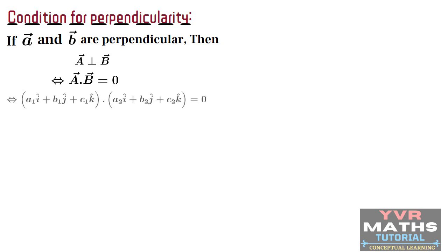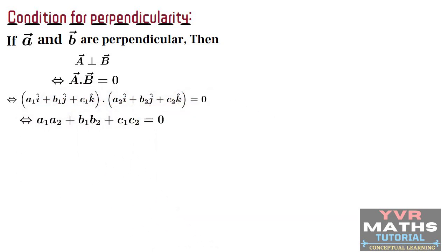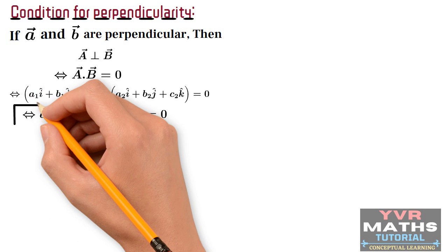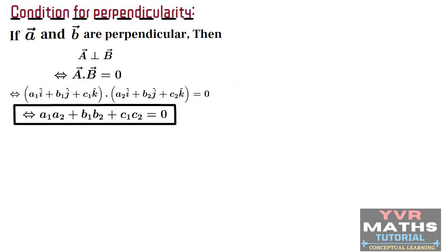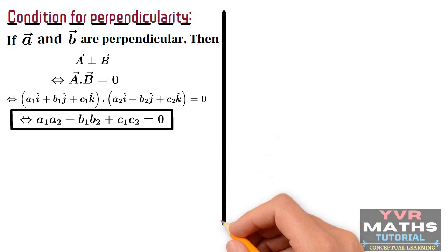A1 i cap plus B1 j cap plus C1 k cap dot A2 i cap plus B2 j cap plus C2 k cap is equal to 0. If you apply the dot product of two vectors concept, then what you will get? A1 A2 plus B1 B2 plus C1 C2 is equal to 0. So this is the condition if two lines are perpendicular, if you know the direction ratios of that line.